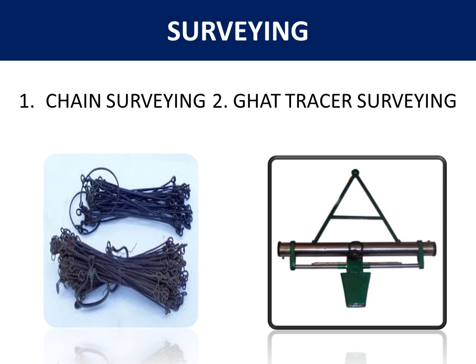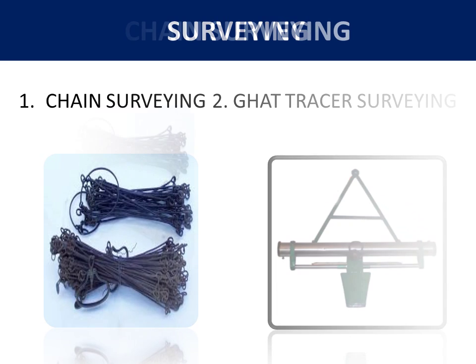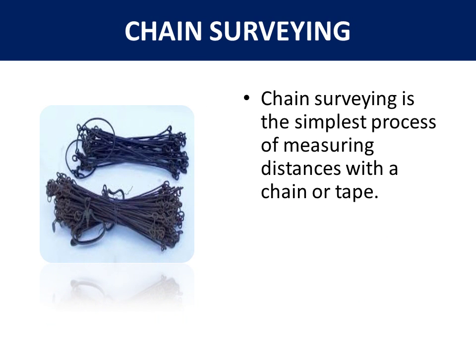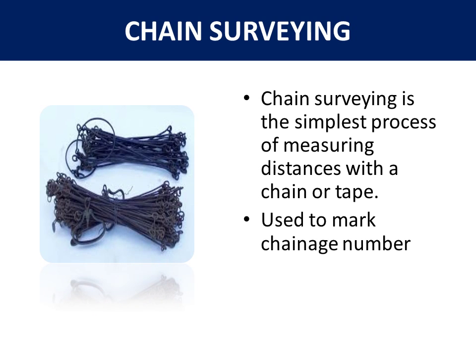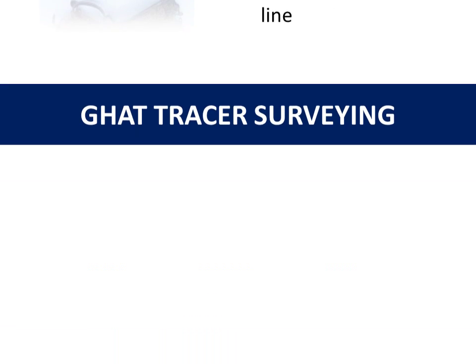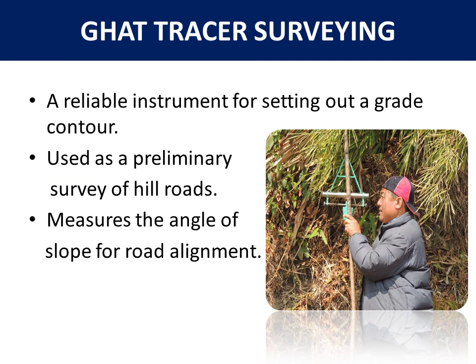There are two basic types of surveying, which include chain surveying and cartridge surveying. Chain surveying is one of the simplest processes of measuring the distance with a chain or a tape, wherein the chain number is marked and the further readings are taken.